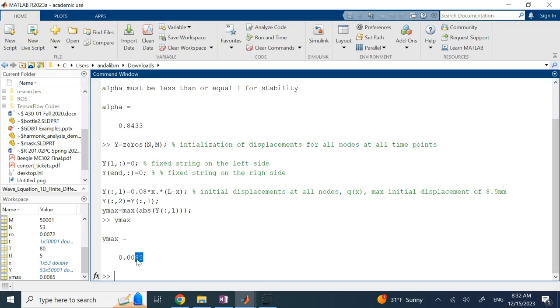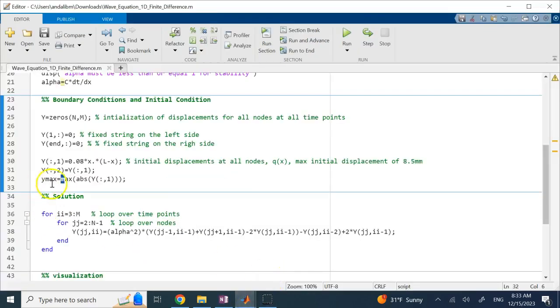When you're picking on the strings and playing guitar, if you move the strings more or less than 8.5 mils, then you can change this number. So this is just to scale it.